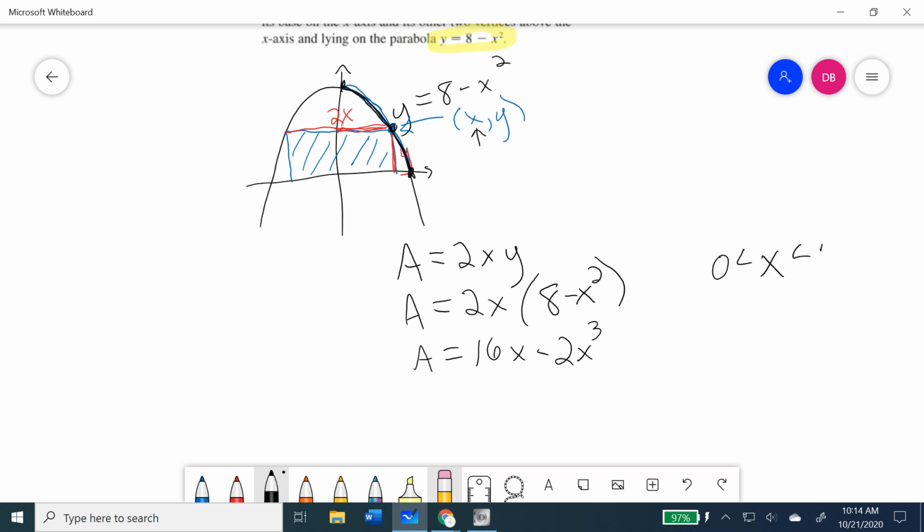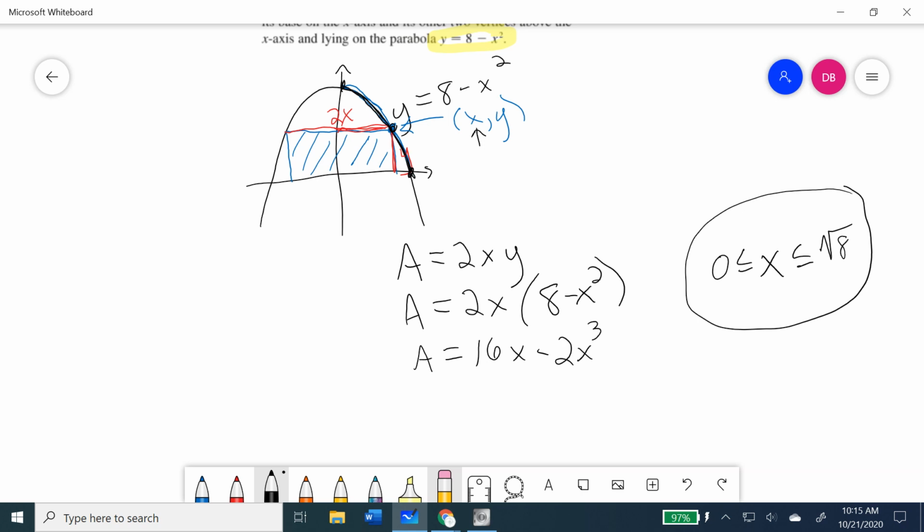And I could set the area equal to 0, because those would be the moments when the area is 0. So they are definitely absolute minimums. And I want to find my critical numbers in this interval of x.